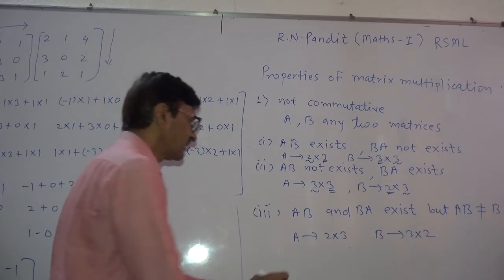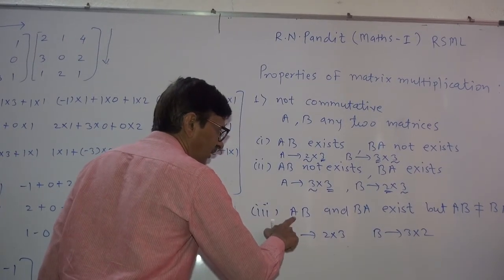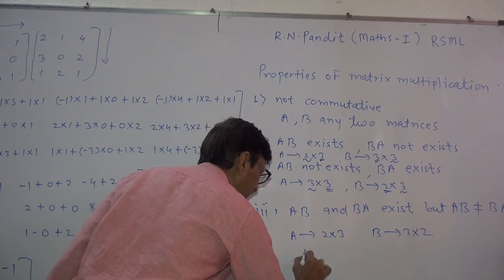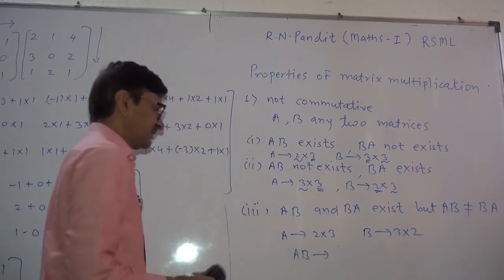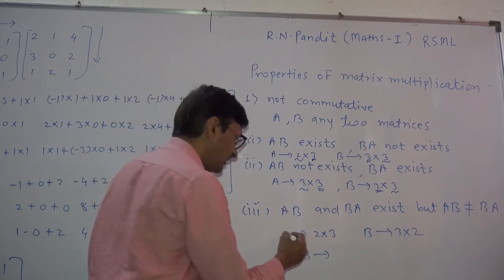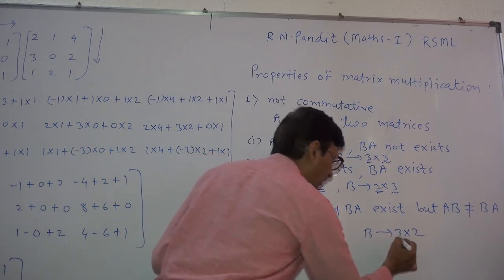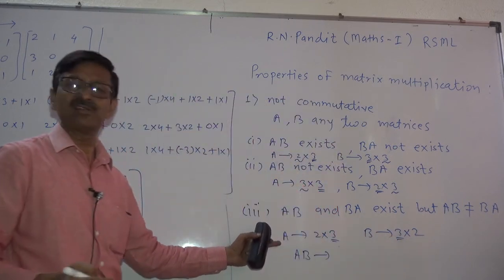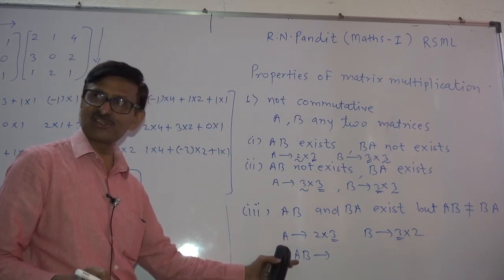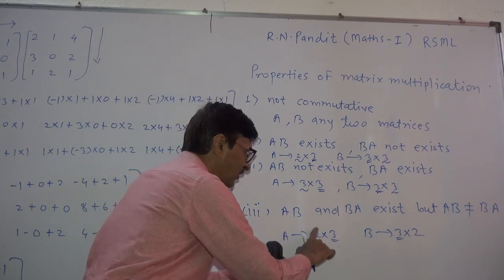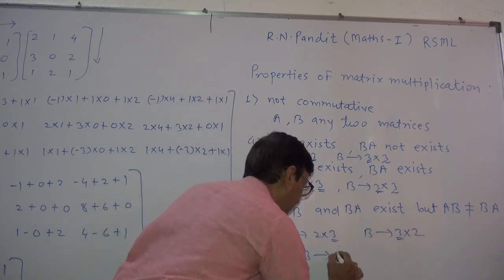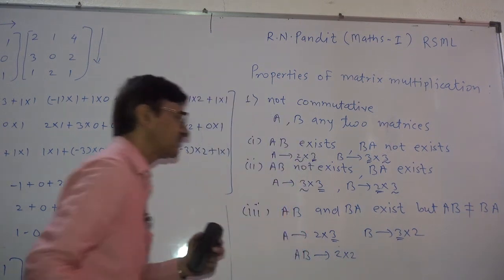Now what is the order of product AB? Check the condition, number of columns in A equal to number of rows in B. So here product AB is existing. Now what is the order of AB? Order of AB is 2 by 2.